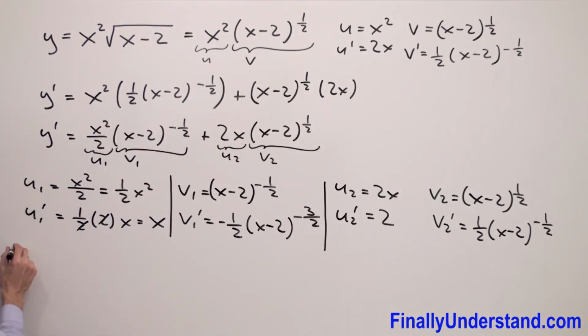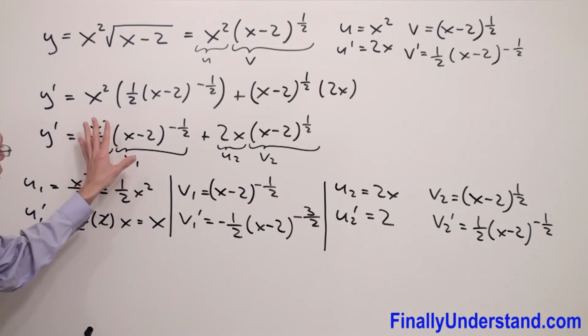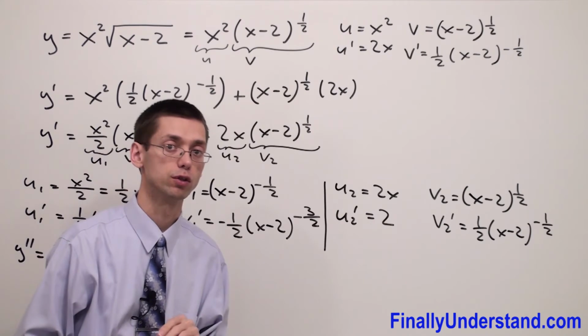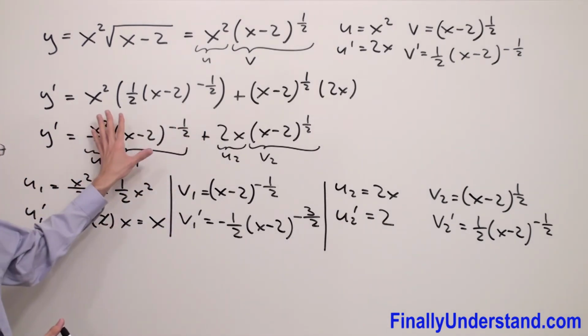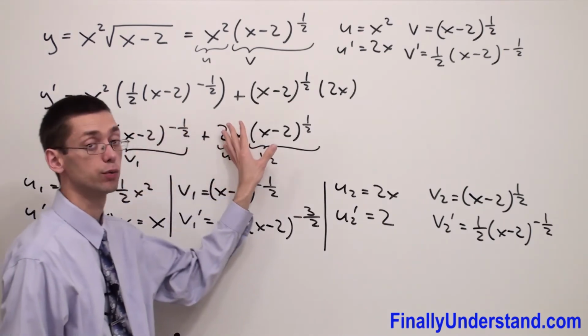Next, we're supposed to find the second derivative. So the second derivative is equal to, I'm supposed to use the formula for the derivative of the product of two factors for this part of my equation and for this one, right?